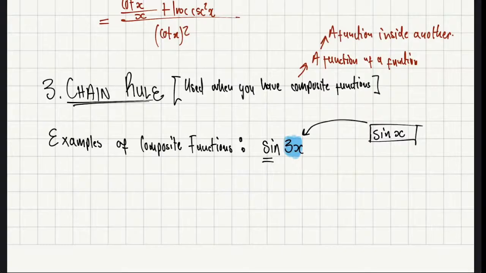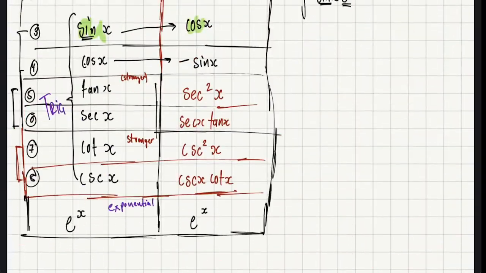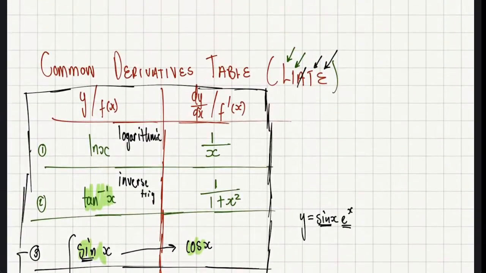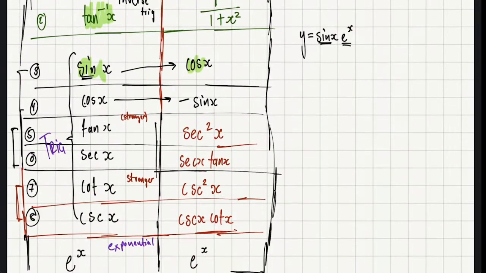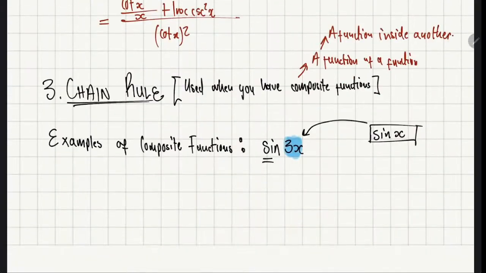So this is no longer, yes, Raja, this is no longer a trig. On the trig table, well done for saying composite, I showed you sine of x. This is not sine of x. This is sine of 3x.